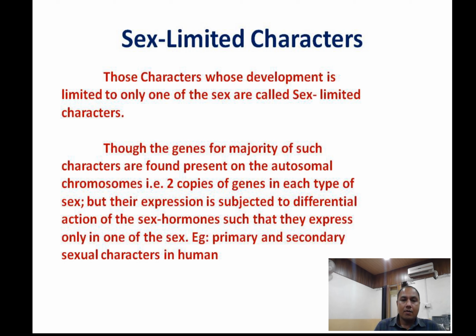In crux, we can simply say sex-linked characters are governed by the X chromosome, while the sex-limited characters are governed by autosomes. And since the autosomal inheritance pattern is the same as for other autosomal genes, sex-limited characters follow the autosomal route of inheritance, while the sex-linked characters follow the crisscross kind of inheritance pattern in which the reciprocal crosses do not yield the same results.